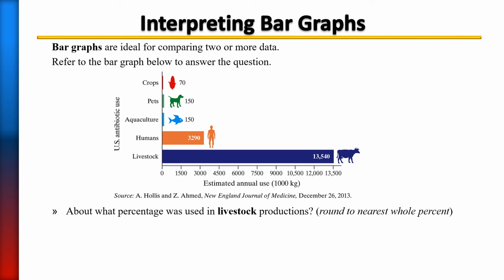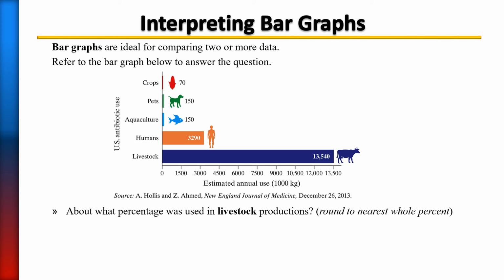So livestock, notice it goes to 13,300. I'm sorry, 13,540 to be exact. So it says about what percentage was used in livestock. So we want to know how much that part is of the whole.